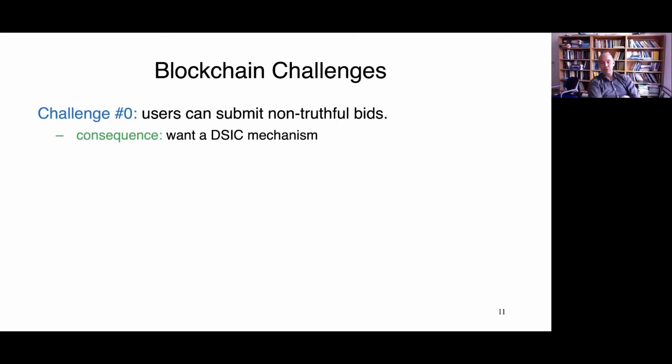They have private information, you can ask them for it, but they might tell you anything. They might bid less than the valuation, they might bid more, who knows. We also know the language for saying we want a mechanism robust to strategic behavior by the participants, namely we might want a truthful or dominant strategy incentive compatible mechanism. Again, that's going to be our holy grail on the side of incentive compatibility on the user's side of the market. So let's get to the more blockchain specific idiosyncrasies.